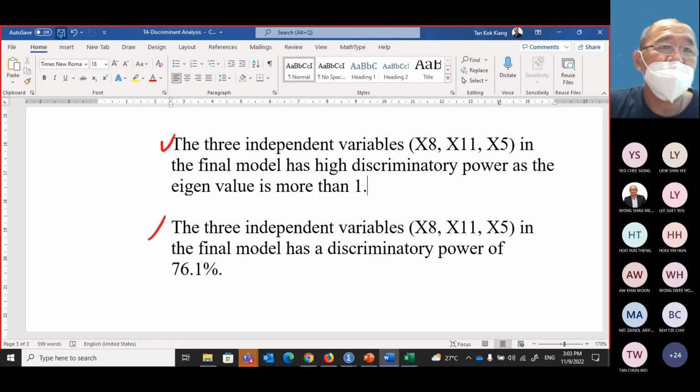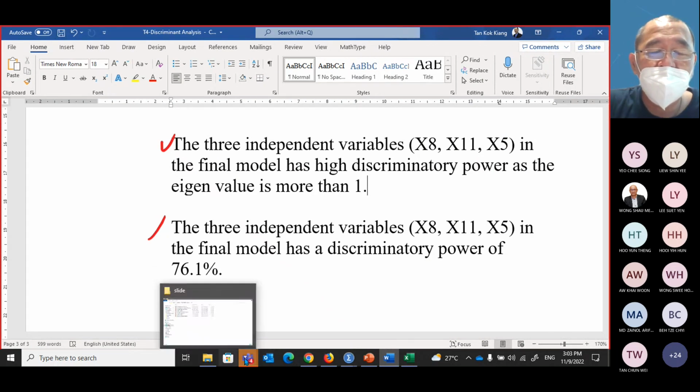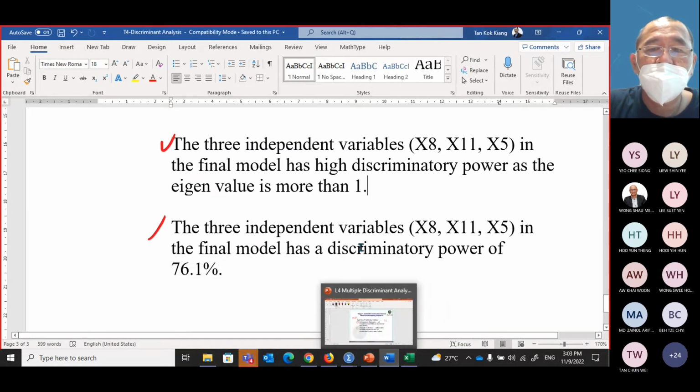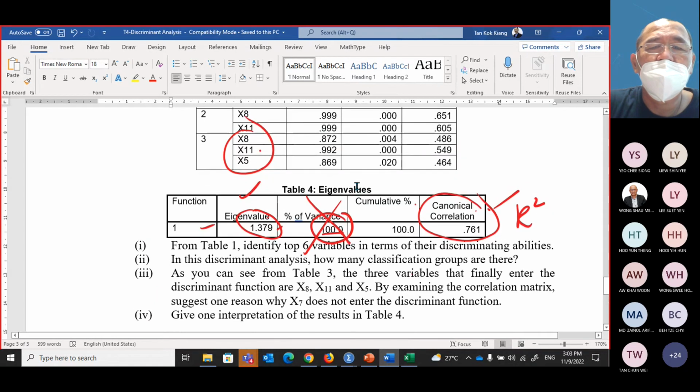Any question? Let's say if the eigenvalues table has 2 functions, do we have to give an explanation for both functions as well, or only one? Of course, it's a little bit subjective. If there are 2 functions, it depends on the value.